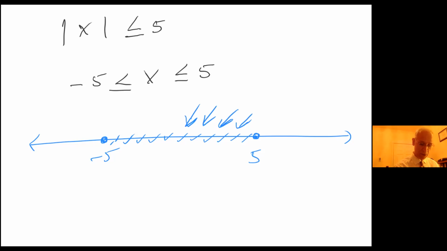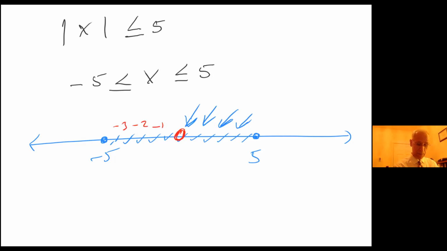And let's say that 0 is going to be right here. But here, -1 and -2 and -3 and on and on. The absolute value of, let's say, -1 is +1. Is +1 smaller than or equal to 5? Yes, it is. How about -2? How about -3? How about -4.5, -4.6, and on and on.